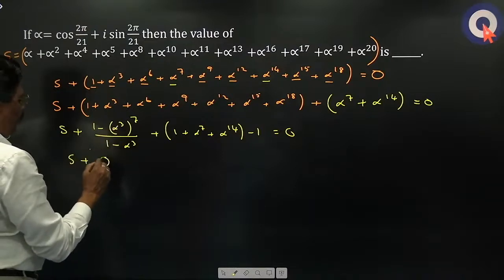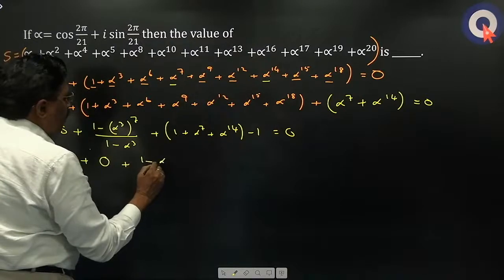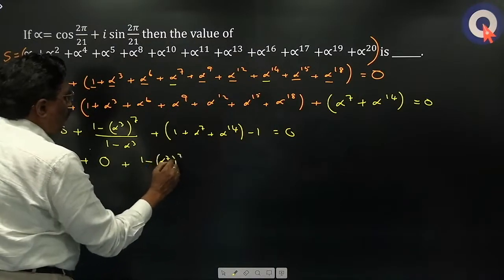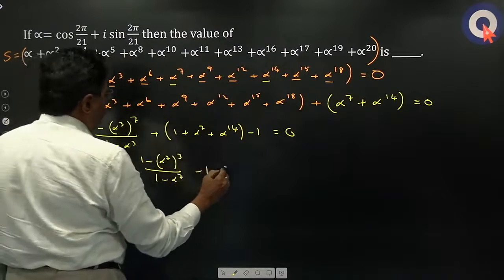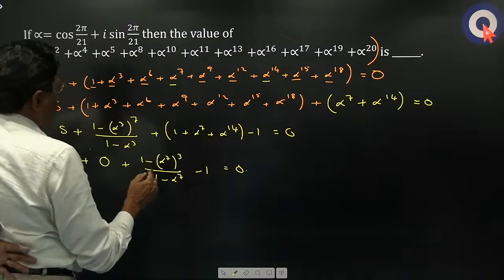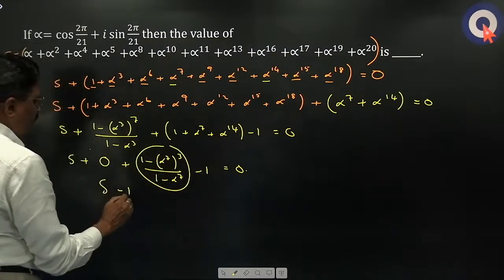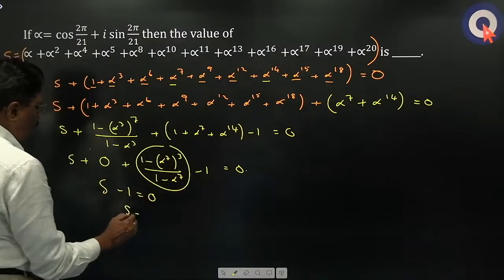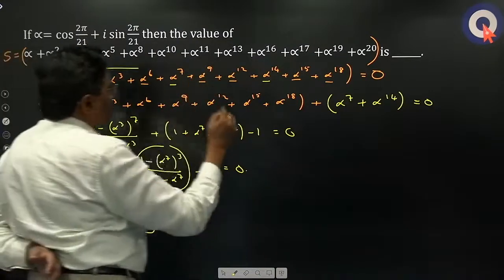So this becomes 0 plus alpha cube is not 0. So here 1 minus alpha power 7 whole cube by 1 minus alpha power 7 minus 1 is equal to 0. So therefore this is also 0. So you get s minus 1 is equal to 0 or s is equal to 1. So the required summation, the answer is 1.